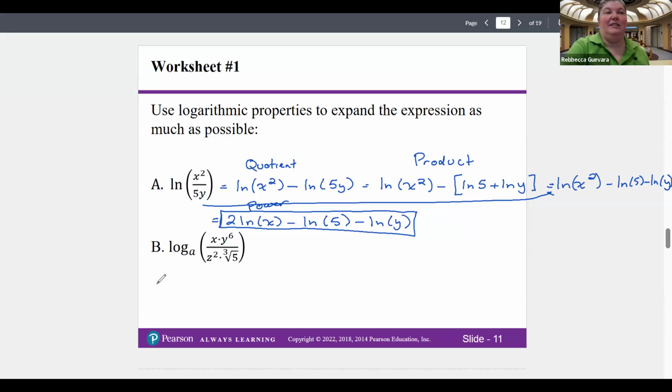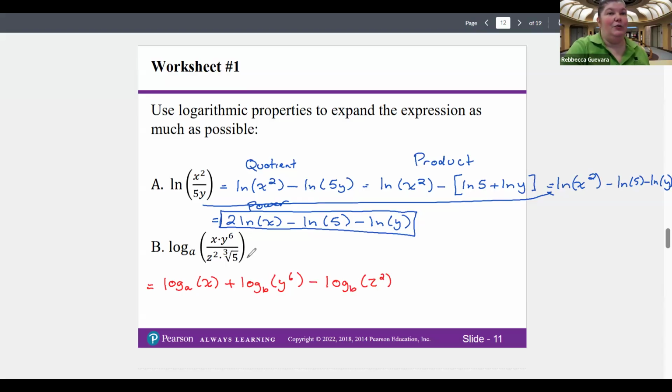So b, like I said, I'm going to do a little cheat here. If I look at what's inside my logarithm, x is on the top, so I'm going to have log base a of x. y is on the top, so that's going to stay positive, plus log base a of y to the 6th. z squared is on the bottom, so we'll do minus log base a of z squared.